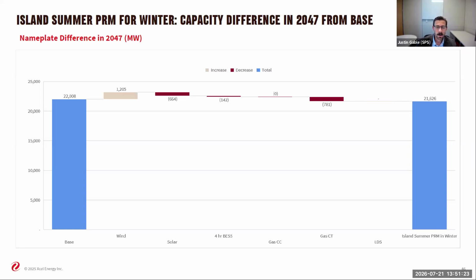So this scenario, although it reduces the amount of resources, is more expensive because it is less reliable of a portfolio than what our base scenario is with the removal of these resources.